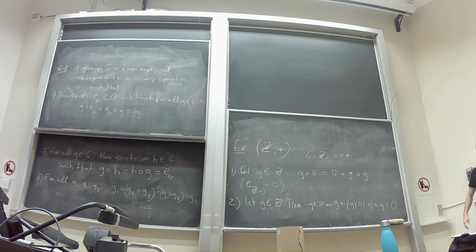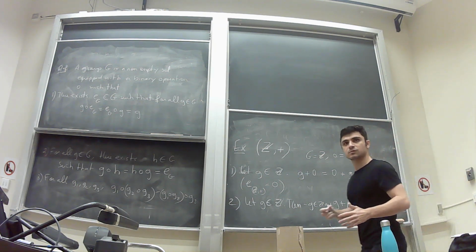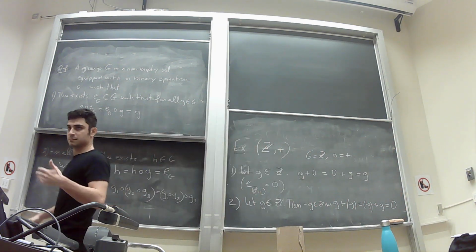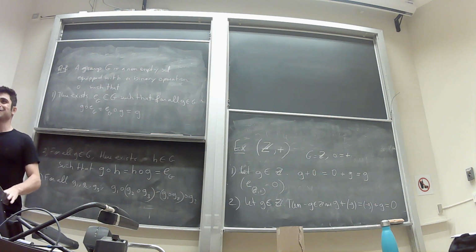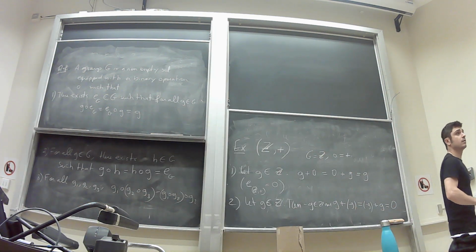What if it was not Z, but something like Z5, modulus 5? We'll see. I mean, we're at the beginning yet, so we'll continue. Are we good so far?